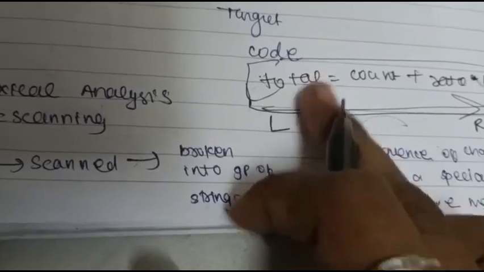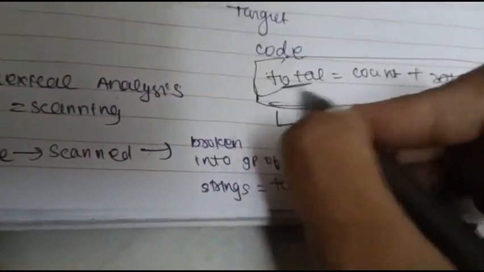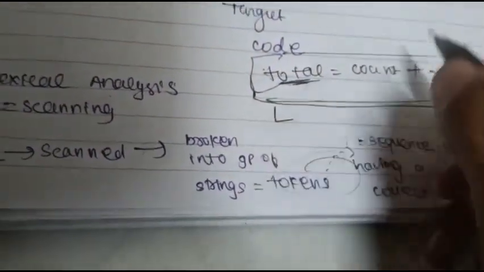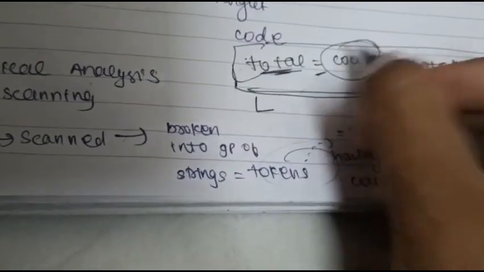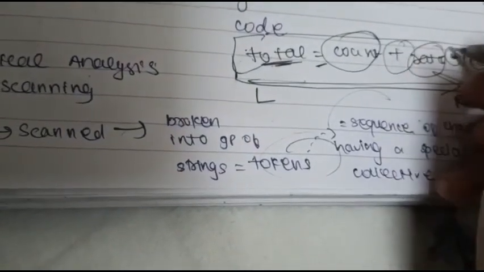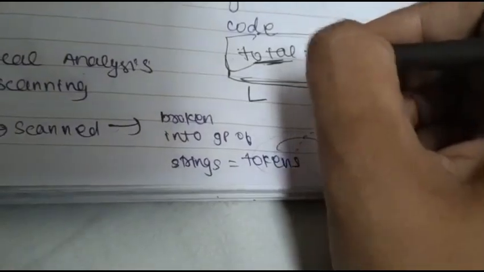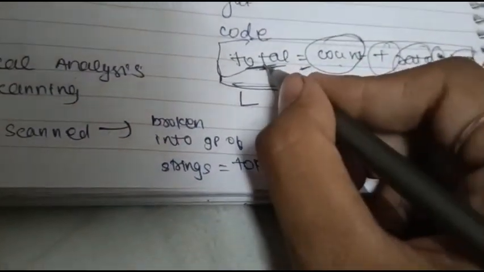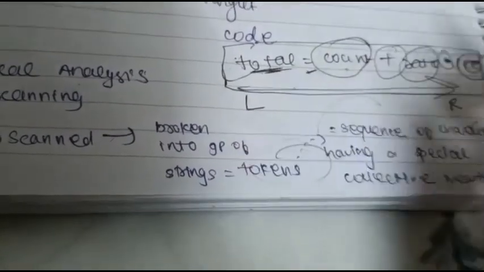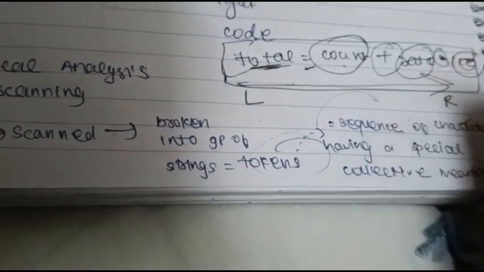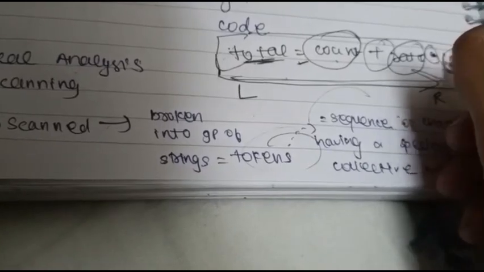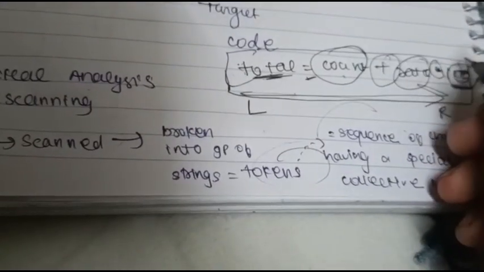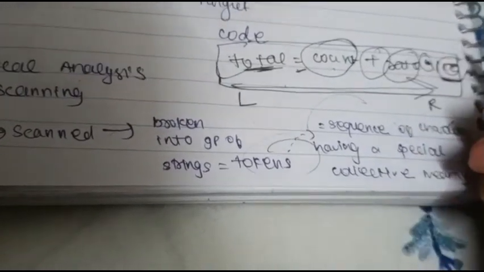During the scanning, it will be divided into tokens. So total will be one type of token, the equal to will be a token, count is also a token. This is an assignment operator, and total is one kind of identifier, count and rate are also identifiers, 10 is a constant, and the star is a sign, or you can say the operator.